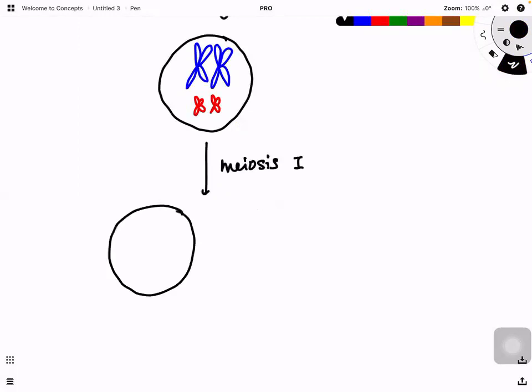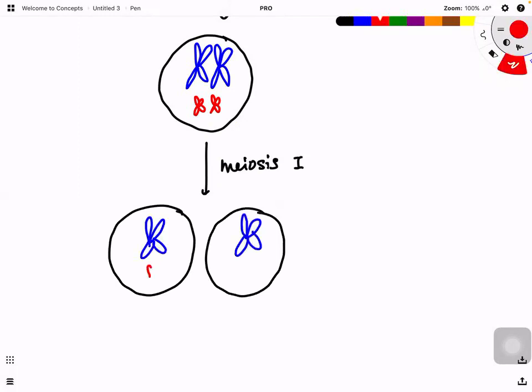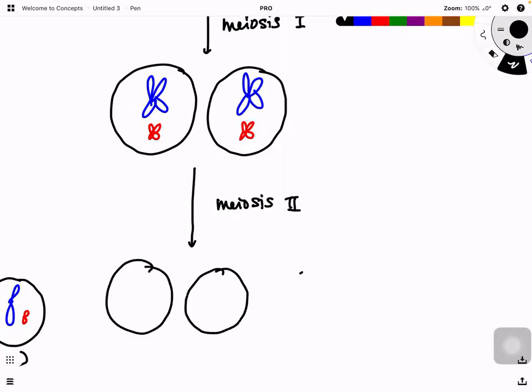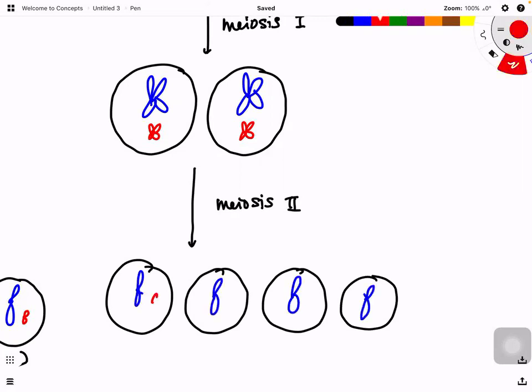Why haploid? Because each contains one blue, one red. If this continues to the end of meiosis 2, we are going to get 4 haploid gametes, female gametes in this case: blue, blue, blue, and then red.